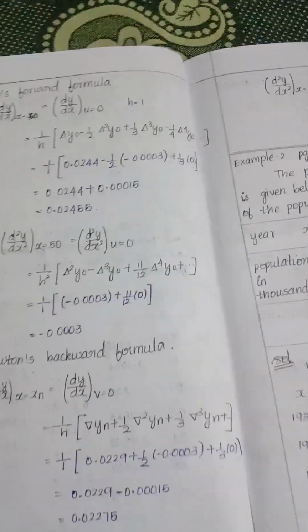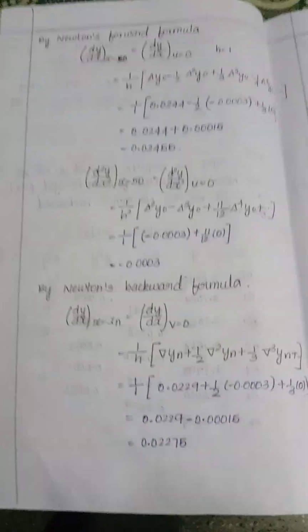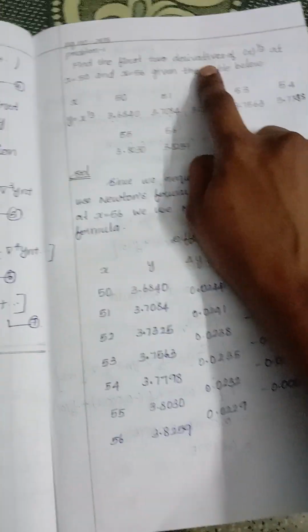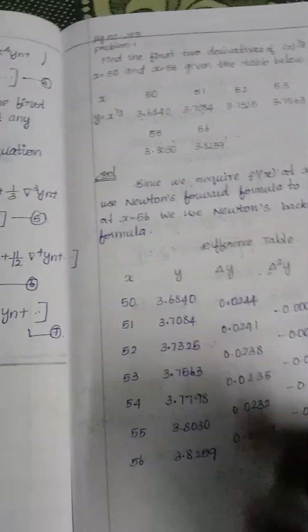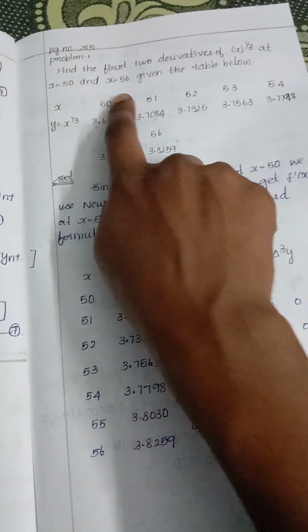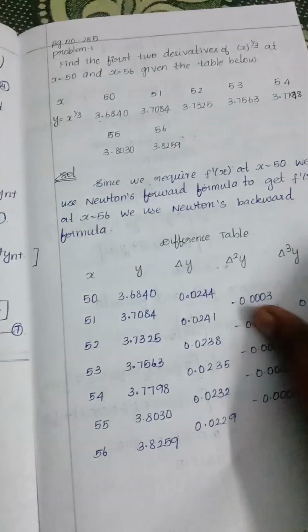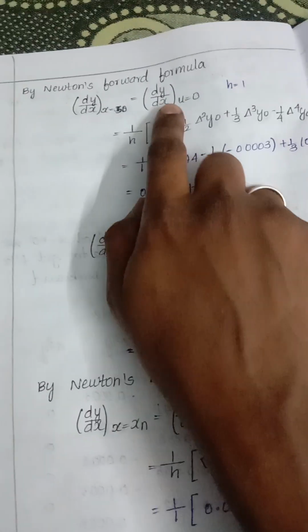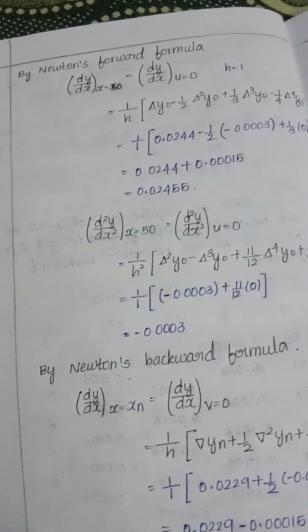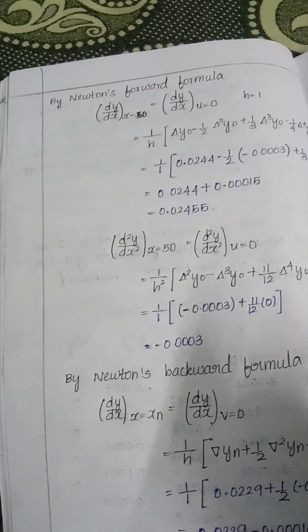Now we have to find the first two derivatives. Our first value of x is 50, which is in the forward part, so we have to use Newton's forward formula, for which u equal to 0, because u equals x minus x naught divided by h.